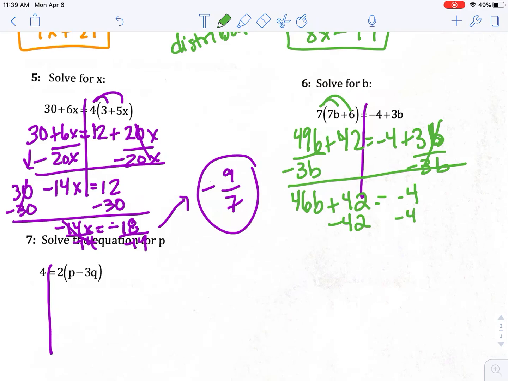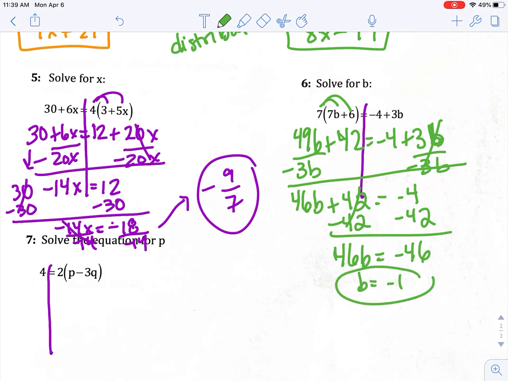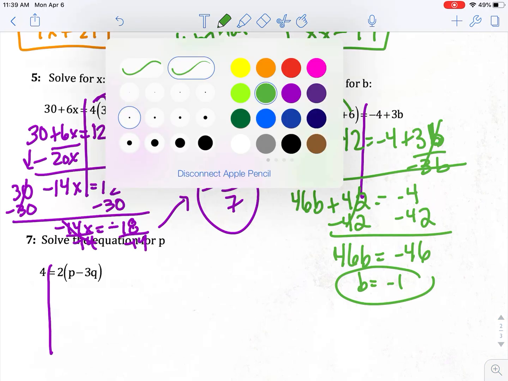And then I can move stuff over. And so I get an answer like that. Again, I know I'm going fast, so slow it down, pause it, try it on your own, go through each step. Distribute, bring your variables to the same side, move stuff over, divide is your last step.